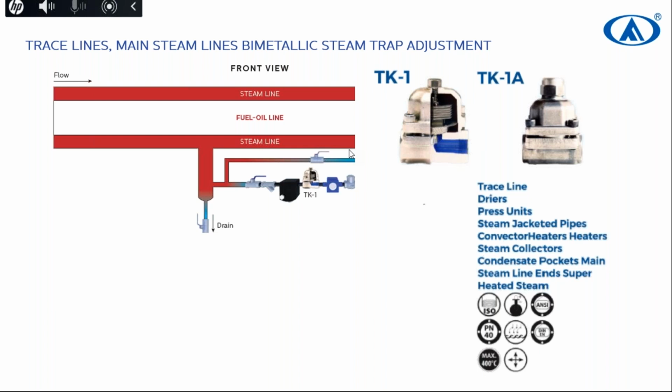But the minimum differential pressure should be 0.7 because of the weight of the float lever. If it's less than 0.7, you need to use a different type of steam trap, which is thermostatic or thermodynamic.